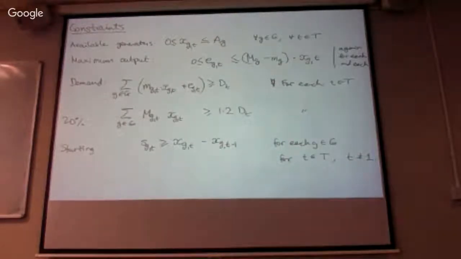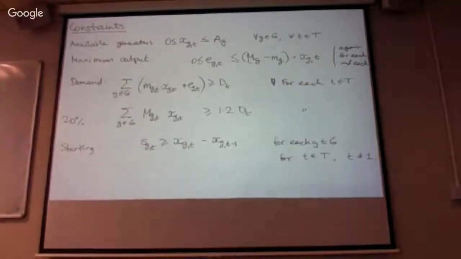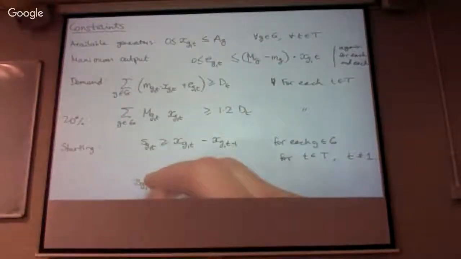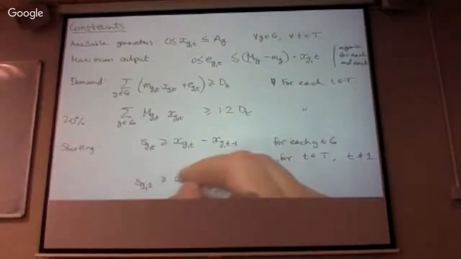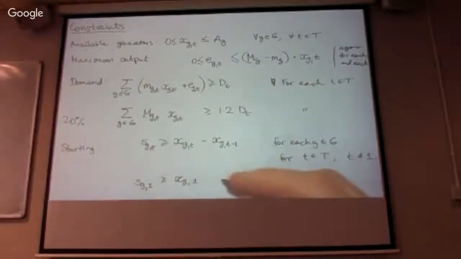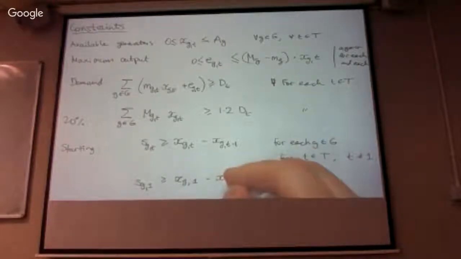So there should be an extra constraint that really just does xg1 minus xg maximum, 7, that's the last time period in the day.